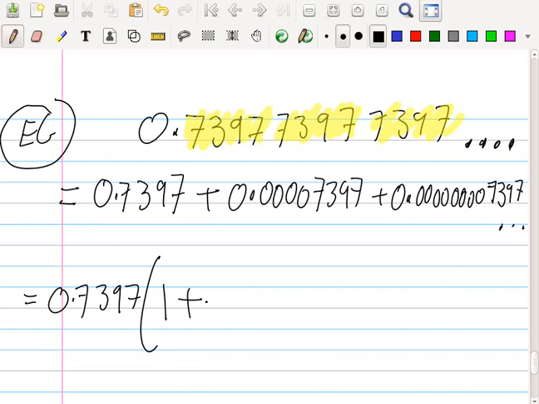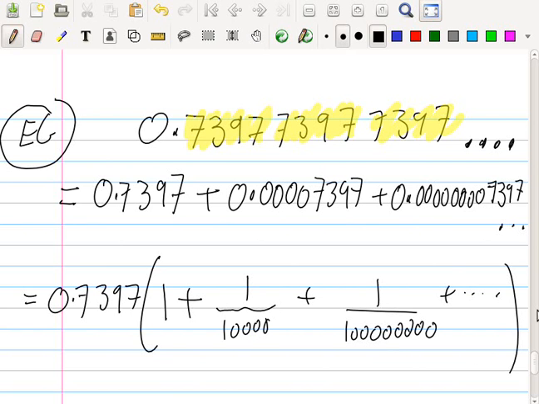Just give me the calculator. 0.00007397 divided by 0.7397. So that's 1 over 10,000. And then the next one, when you take it out, it'll be 1 over 100,000,000, etc. So this equals this, and this equals this.